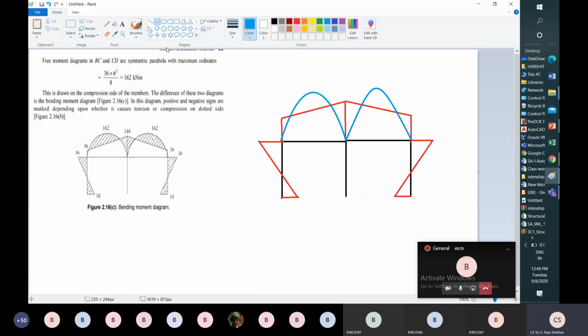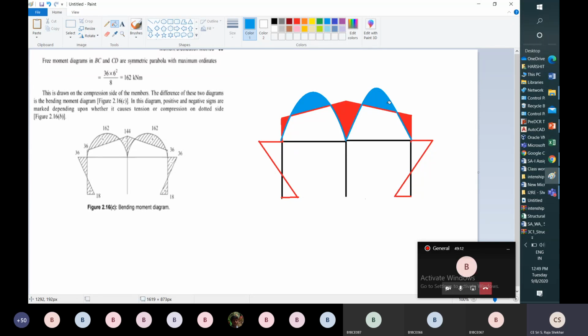Now we will show the net negative bending moment and net positive bending moment. Whatever the hatched portion is, that is due to the end moments, and this will be considered as net negative bending moment. This portion is called net positive bending moment.